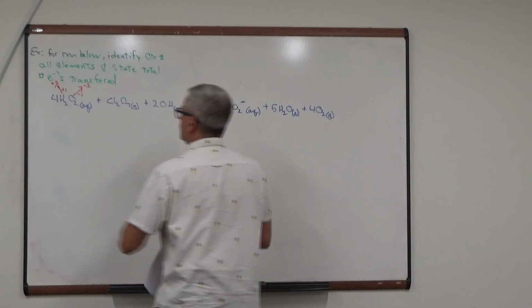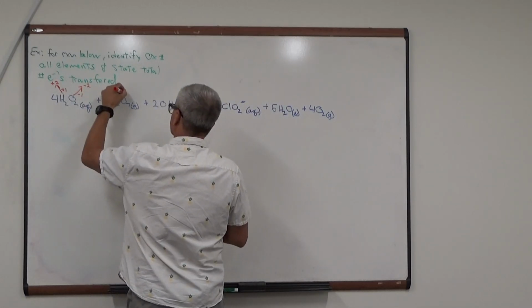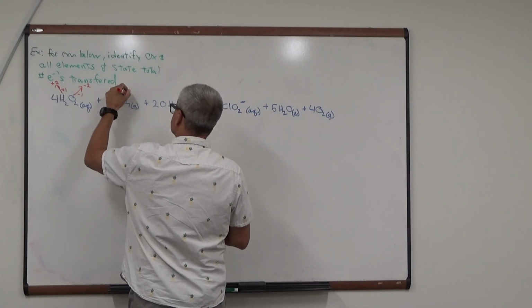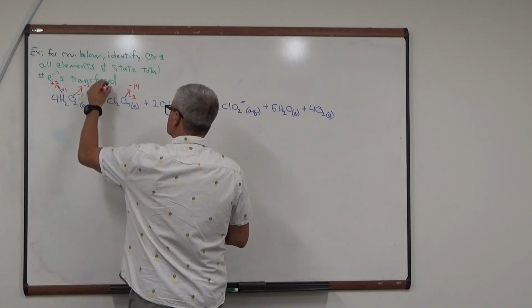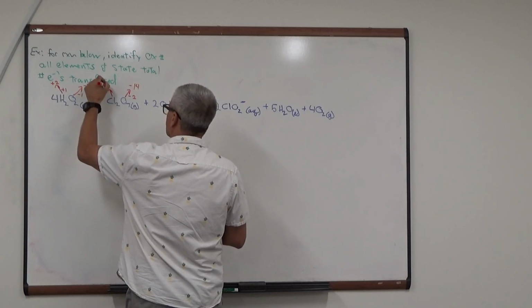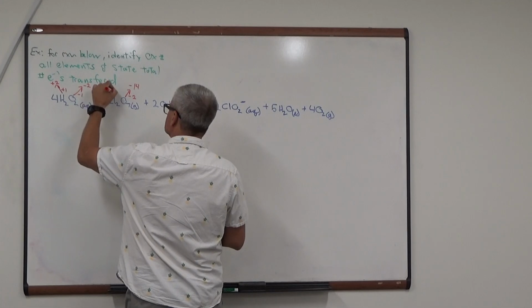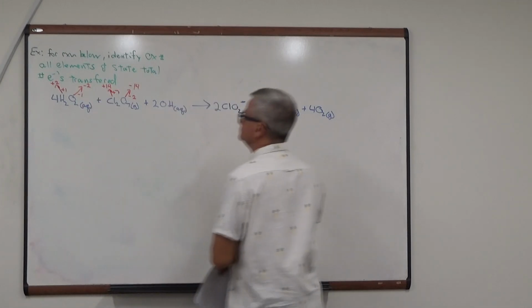Okay. Now in this compound here, oxygen is -2 for a total of -14, which means the chlorine has to add up to an overall of +14, so each one is +7.